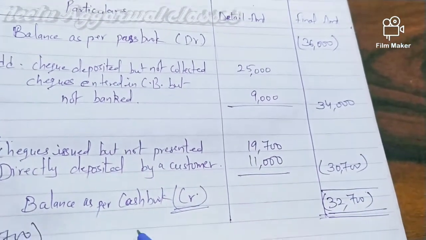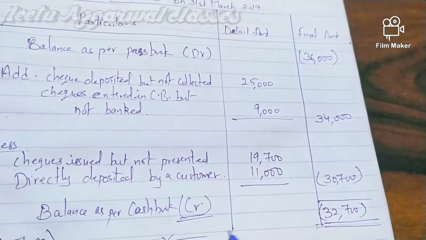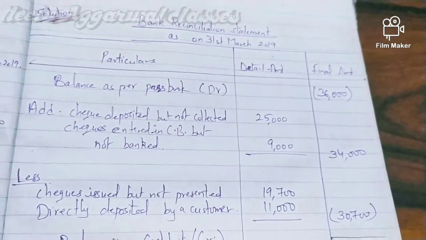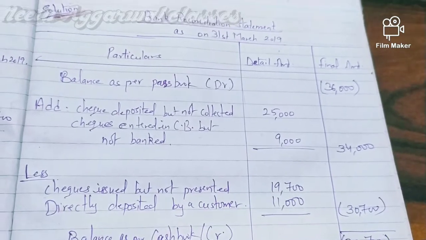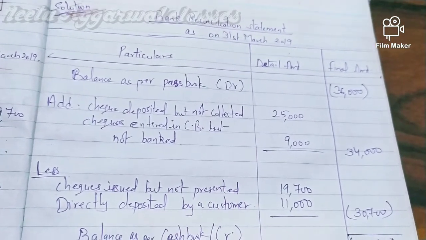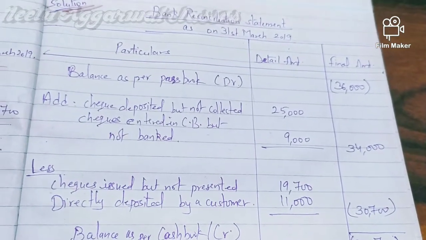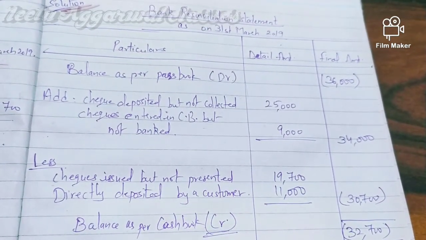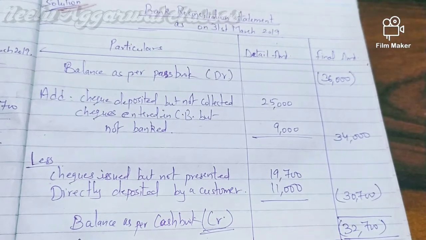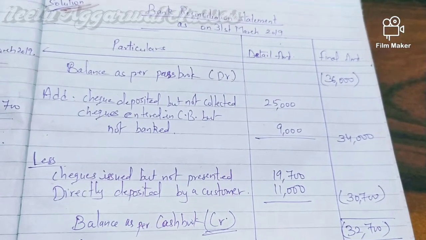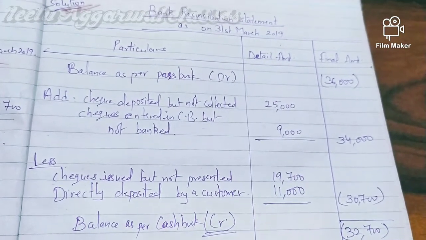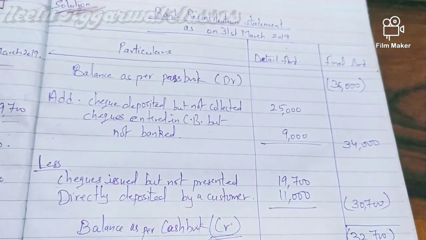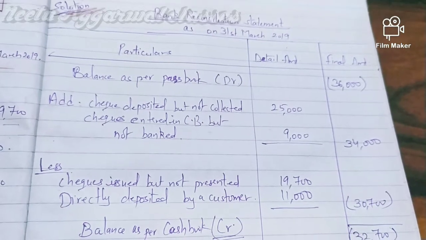So we are done with the BRS part. I hope everything is very clear. There is no such difference in the process in the four kinds of BRS. We only have to follow two methods. First one where we pass the entries for cash book according to the passbook, and the second one where we pass the entries in the passbook according to the cash book.